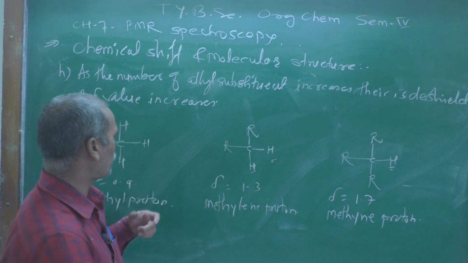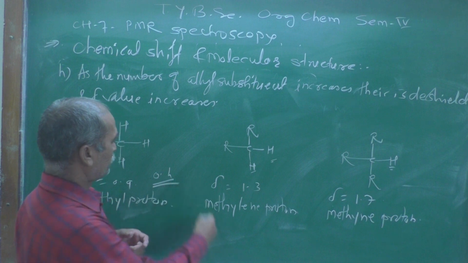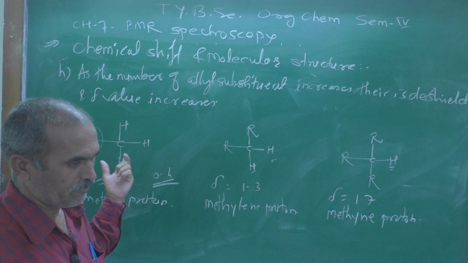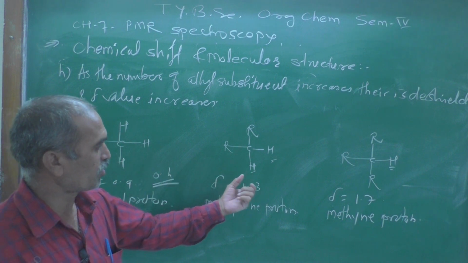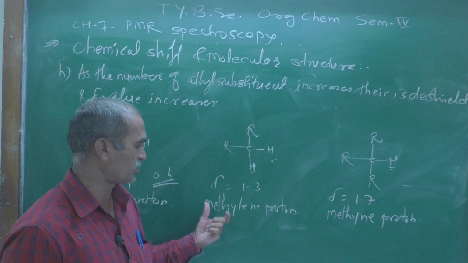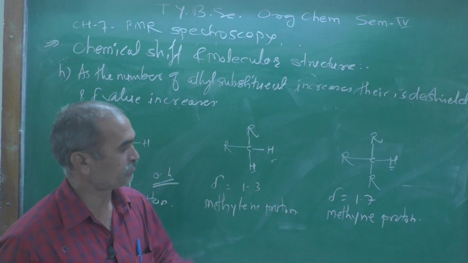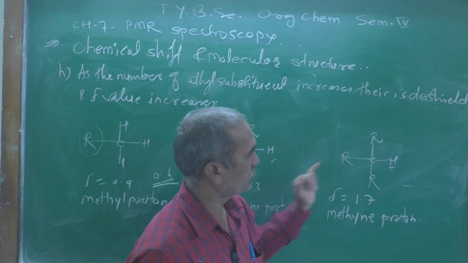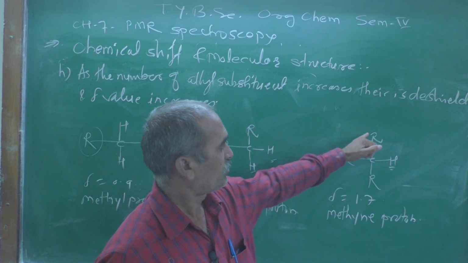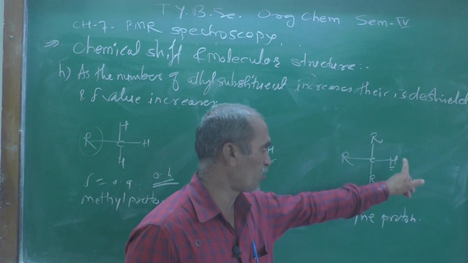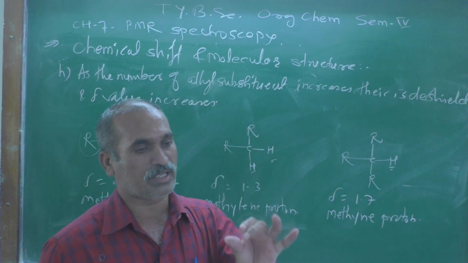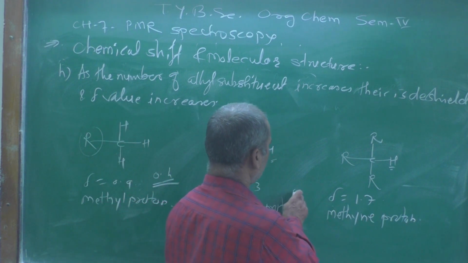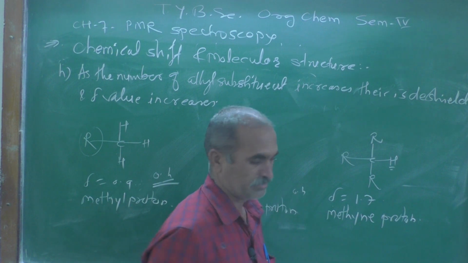Here we go on adding 0.4. If you add 0.4 in this figure, the value comes out to be 1.3, that is a methylene proton. Now, gradually I am increasing the R group. There are 3 R groups, only 1 proton is there, and that proton is known as a methine proton. And again I am adding 0.4 to that value.